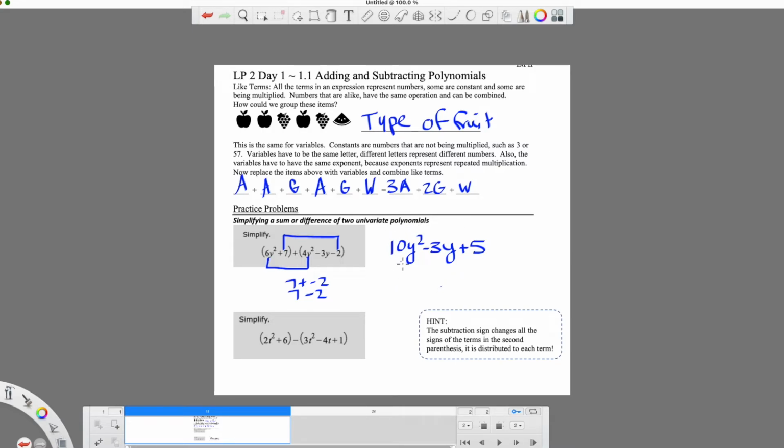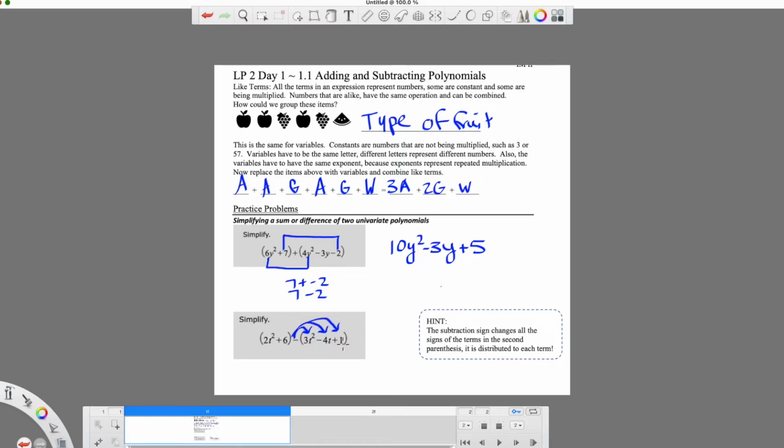So now down here, again, we want to pay attention to that sign, because that is going to change some things. So I give you a little hint over here. The subtraction sign changes all the signs of the terms in the second parentheses. It is distributed to each term. So literally I need to distribute this negative sign to every term. Remember, every term is separated by either an addition or subtraction sign.